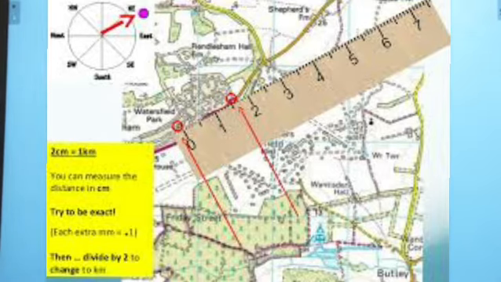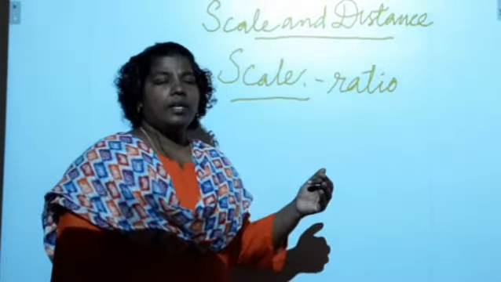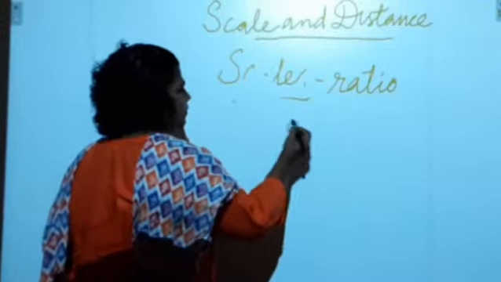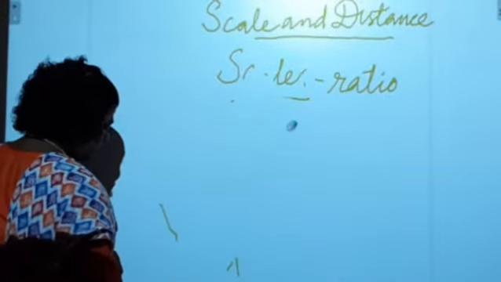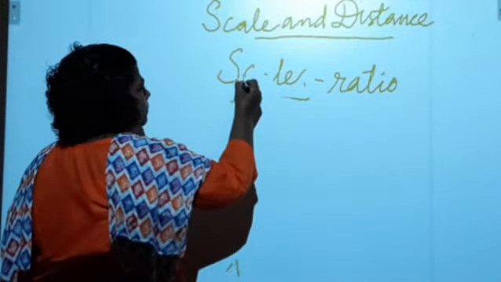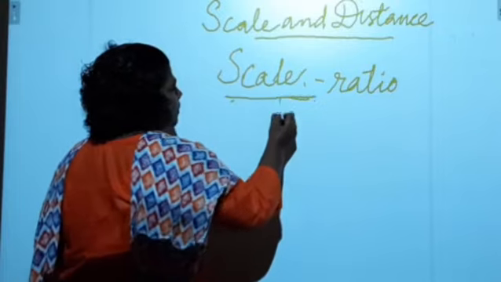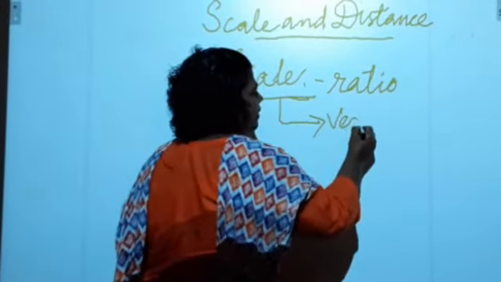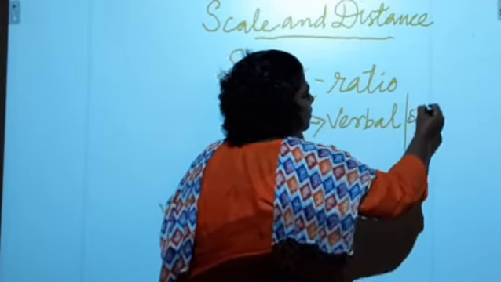See, there are 3 important scales that help us to measure. Okay, the 3 important scales are, the first one is verbal scale or statement. Okay, verbal or statement.